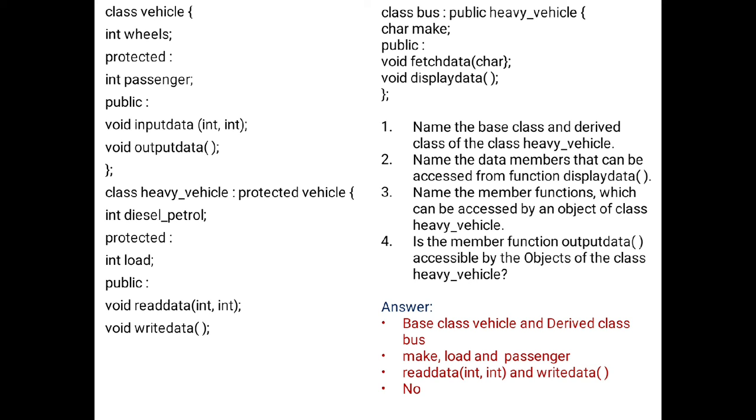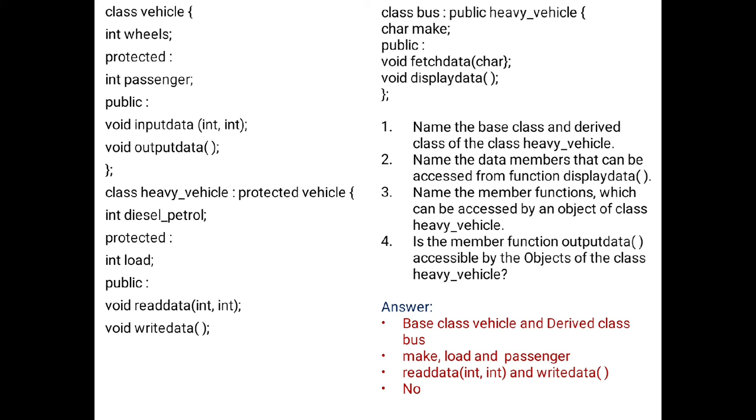It can access its own private data member of the class bus, that is character make. Private data members can be accessed by their own member functions, keep that in mind.